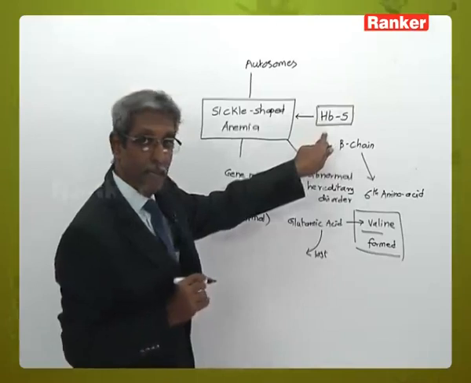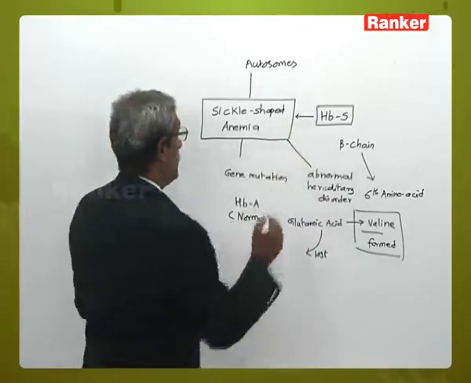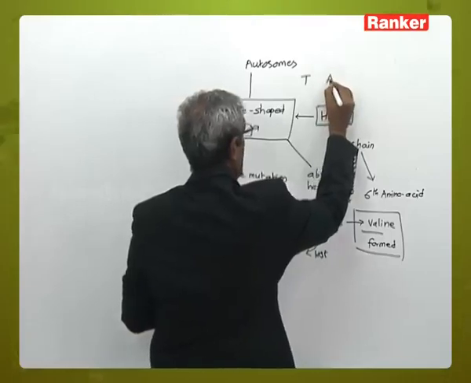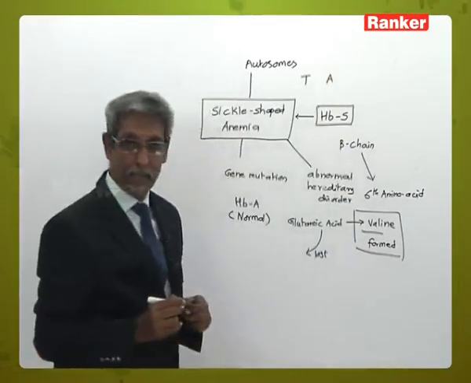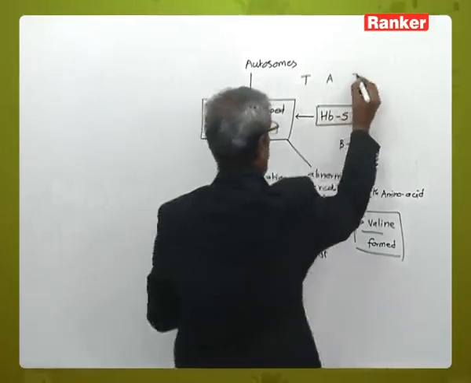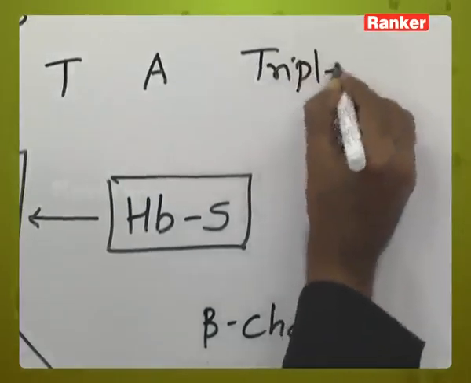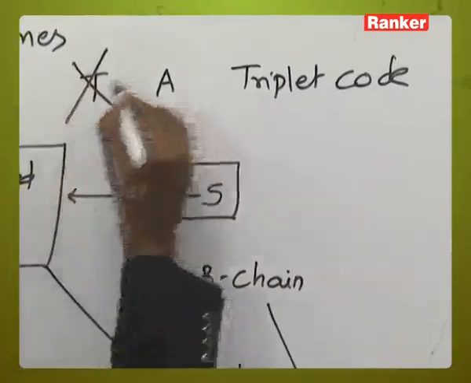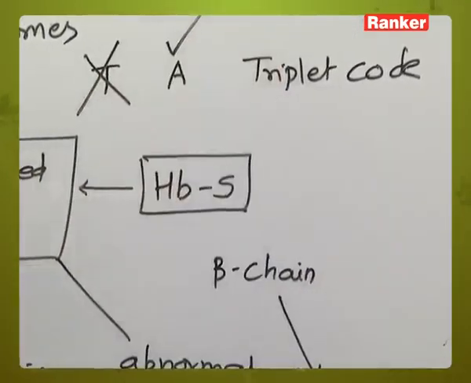Hereby in genetics, thymine is substituted by adenine in the triplet code. So in the triplet code there is no thymine, whereas adenine is added.